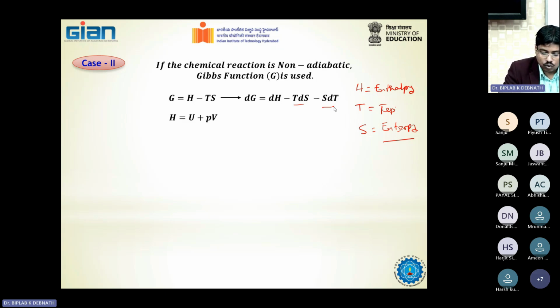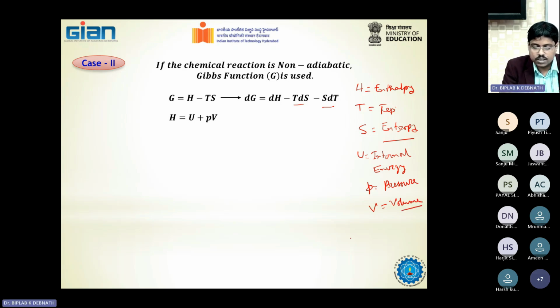Now we also know the equation of enthalpy: H is equal to U plus PV, where H is enthalpy, U is internal energy, P is pressure, and V is volume.